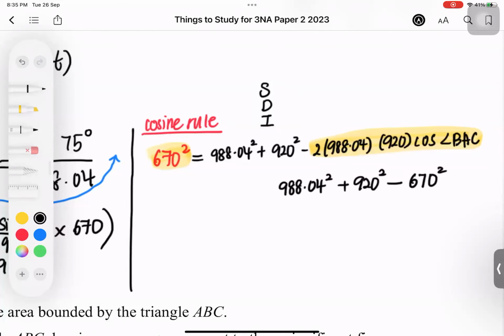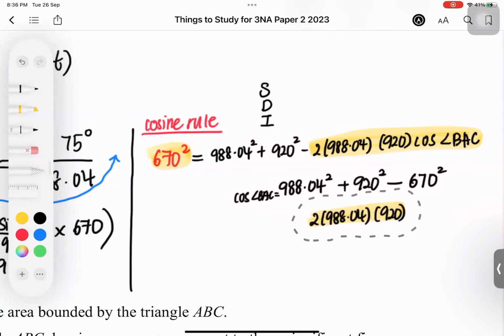This side will become positive, equals 2 times 988.04 times 920 cosine BAC. Then which portion don't I want? I don't want this portion, so I'm going to divide this away. I'm going to put this divide over here.